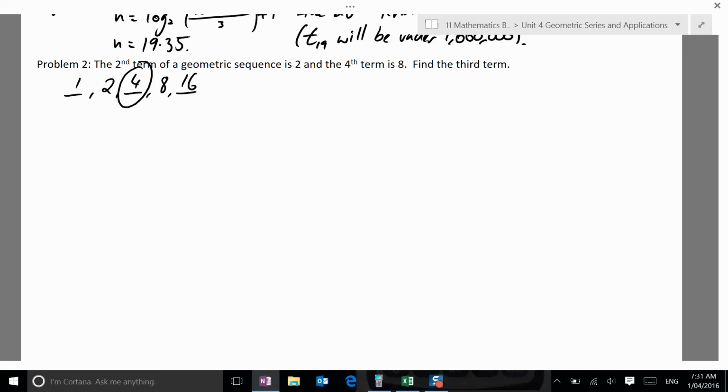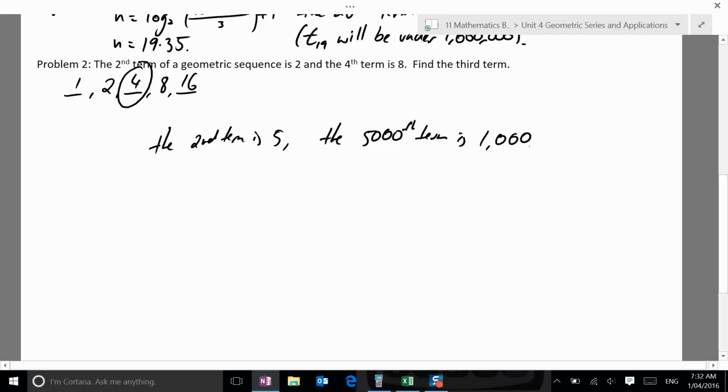No. You've actually only found half of the solutions. And how are you going to do this if I say the second term is 5, the 5,000th term is 1,000,000.76.